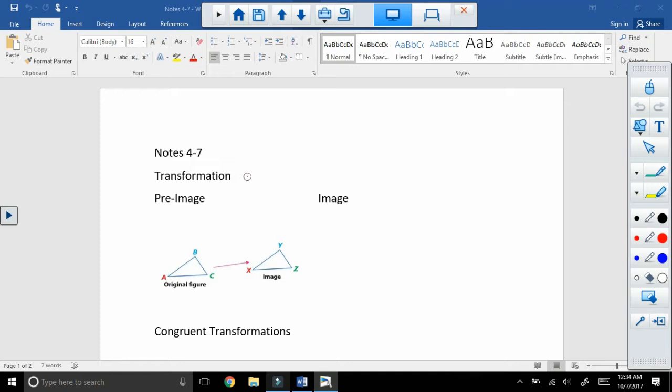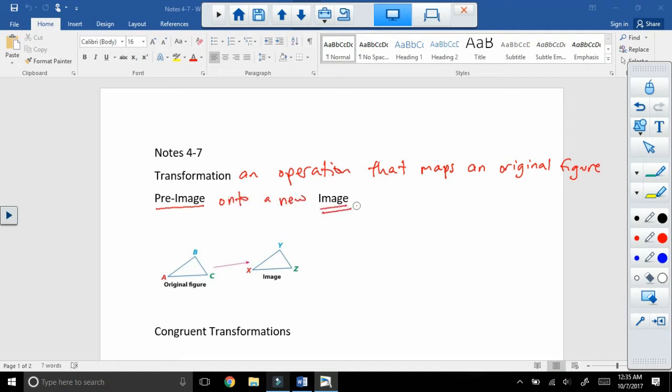A transformation is an operation that maps an original figure, and we call that original figure the preimage, onto a new image. And looking at this picture here, we have triangle ABC being mapped onto triangle XYZ.